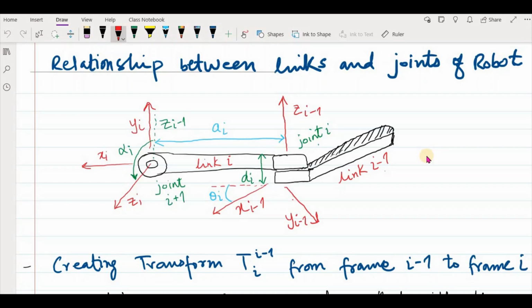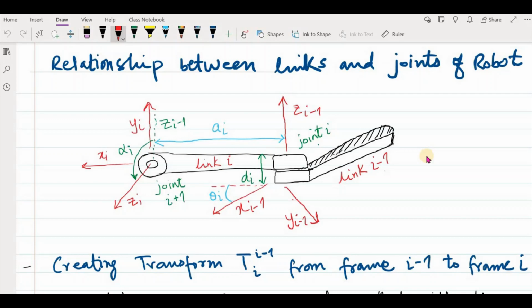Now why are we doing this? Because we need a transformation matrix. We need a method for transformation of a robot. That's a simple example of having two joints and two links, but if there are multiple joints, we can also use it step by step. So what we want to do here is represent this frame, which is the i frame, in your i minus 1 frame.